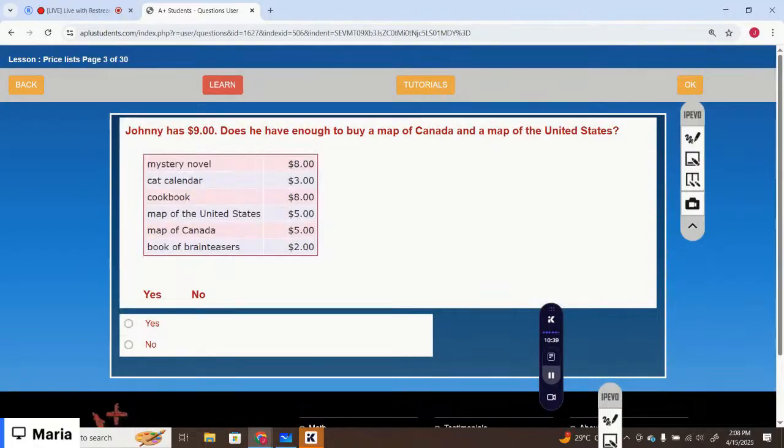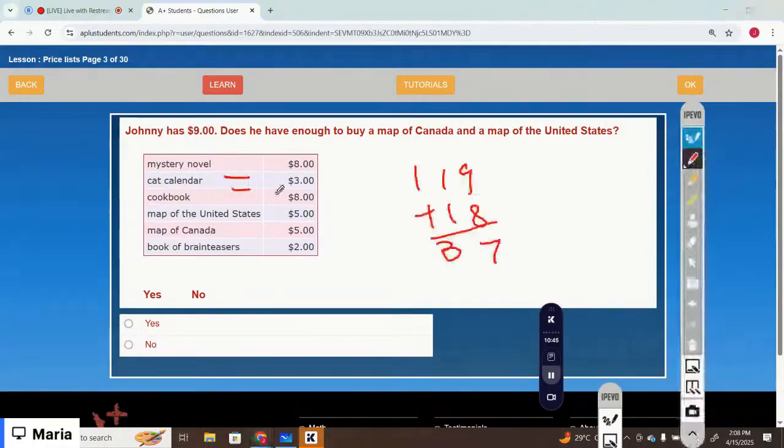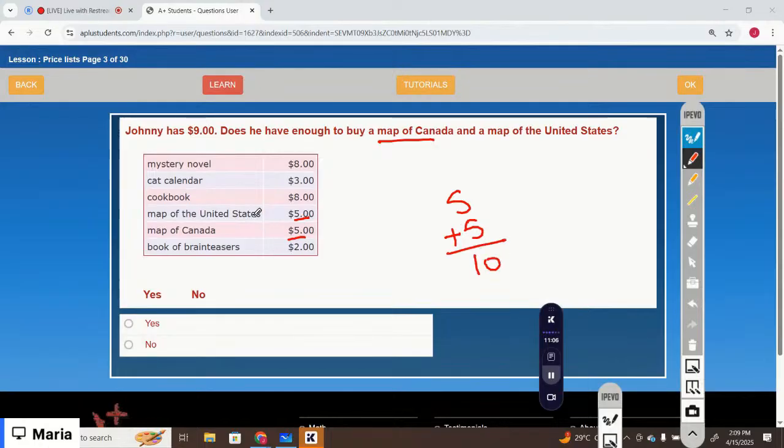Johnny has $9. Does he have enough to buy a map of Canada and a map of United States? Map of Canada is $5 and map of United States is also $5. So 5 plus 5 is $10. Johnny has $9.